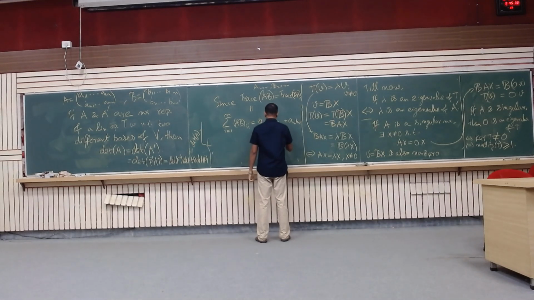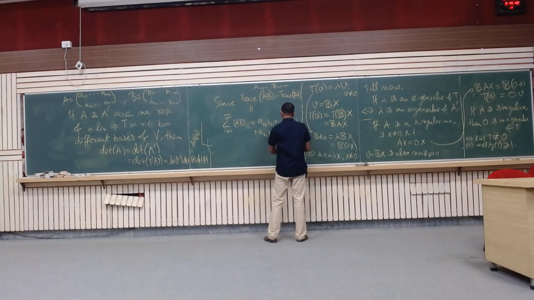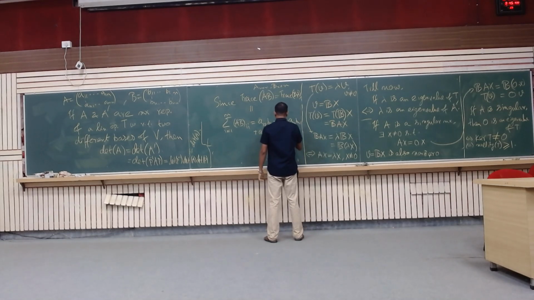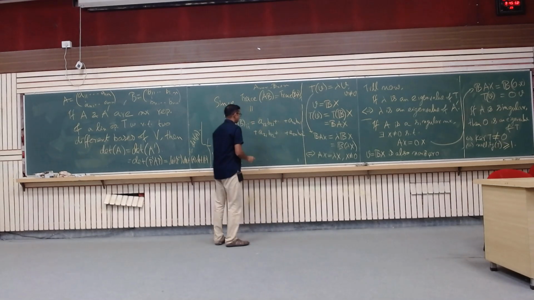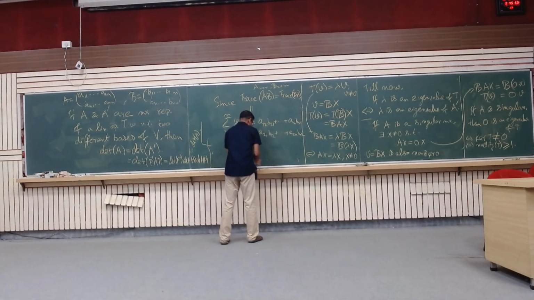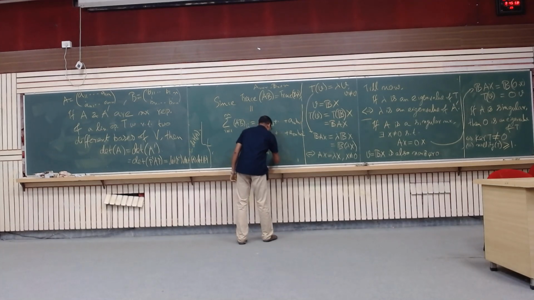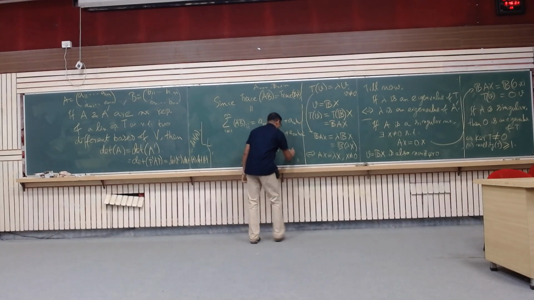So A21 B12 plus dot dot dot up to A2n Bn2, right? And dot dot dot, An1 B1n plus dot dot dot up to Ann Bnn.